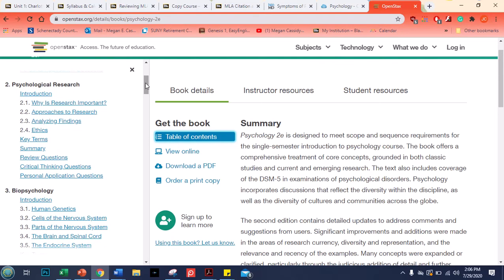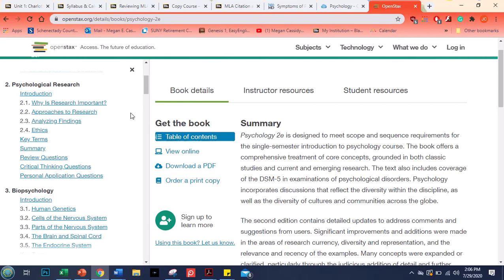That's on psychological research. So I would say the chapter title right here is psychological research. The headings for the chapter: why research is important, approaches, analyzing findings, ethics, and then they have key terms and a summary of the whole chapter. So that would be my first thing with skimming. I'd look over those titles.